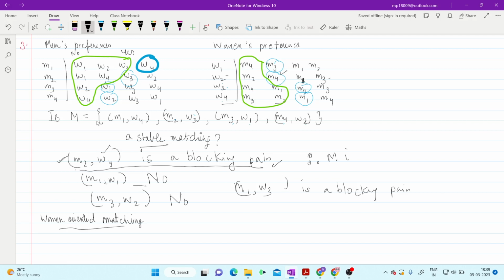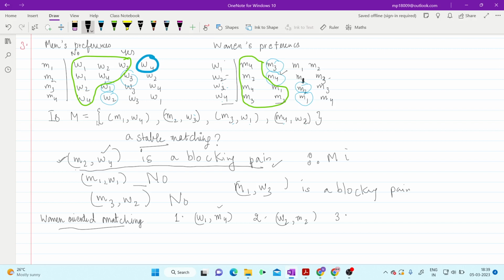So what is our first pair? W1M4. What is the second pair? W2M2. Third pair? W3M4. But we see that M4 has already been assigned. So what now? We go to the men's preference list.